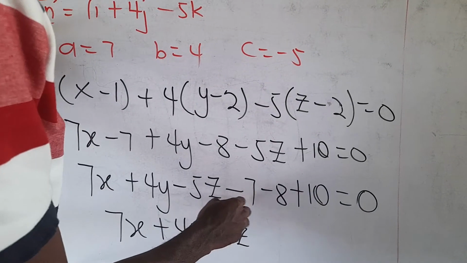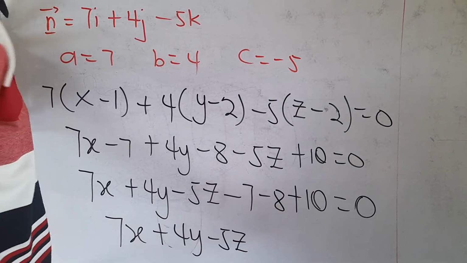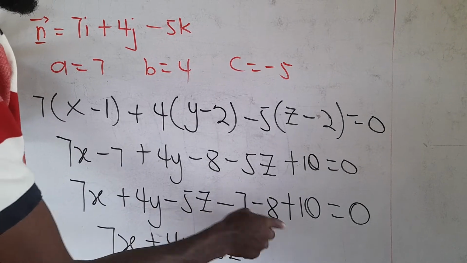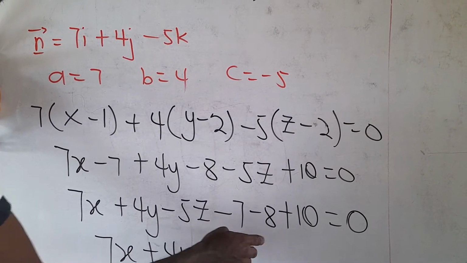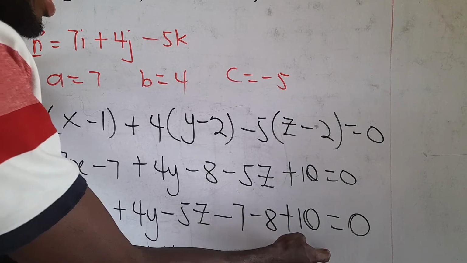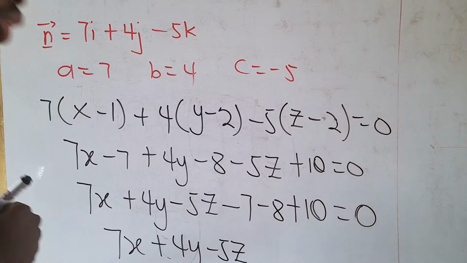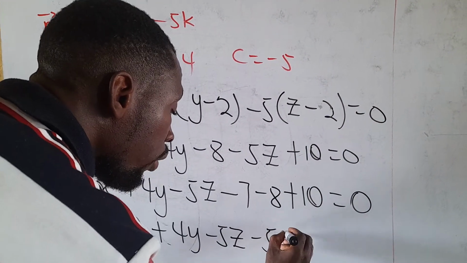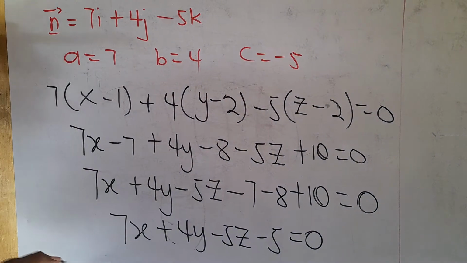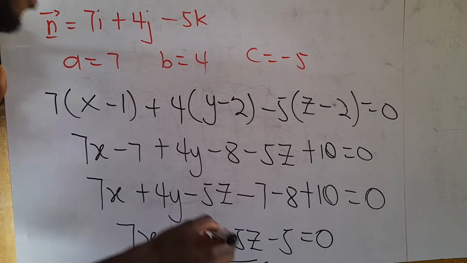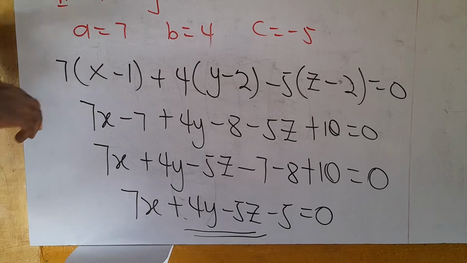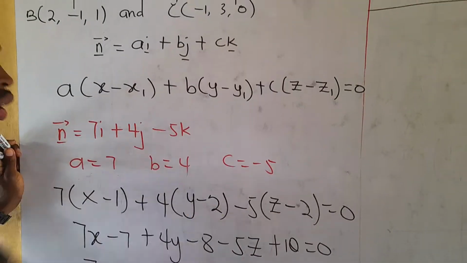Then minus 7 minus 8 is -15. -15 plus 10, that will be -5. So minus 5 equal to 0. Then we can say this is the vector equation of the plane that passes through the 3 points.